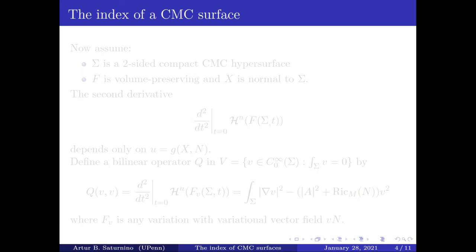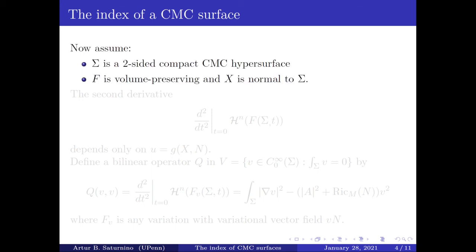Now let's talk about the index of a CMC hypersurface. As you're going to see, this is a quantity that comes from the second variation. So for a setup, now let's assume that sigma is a two-sided compact hypersurface.